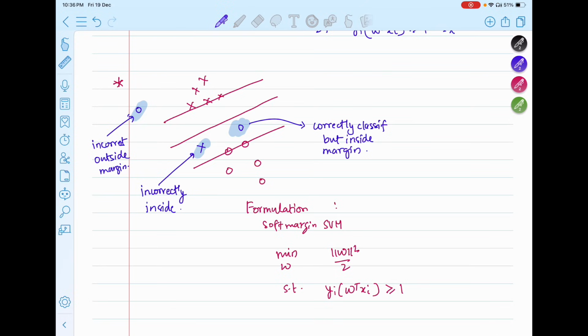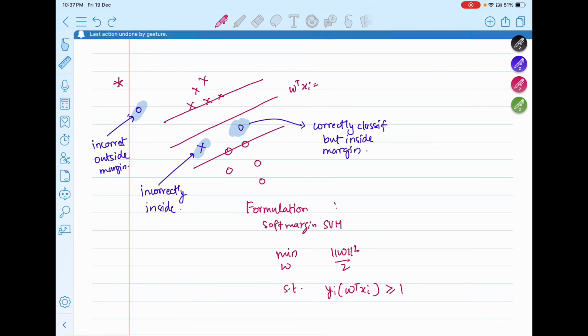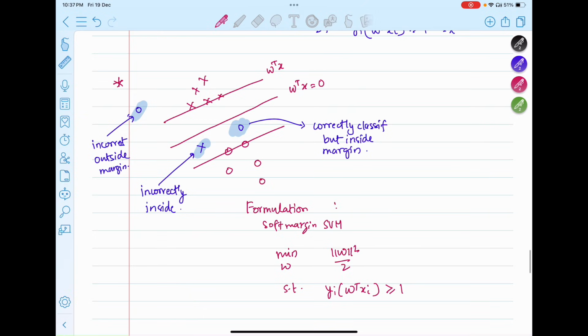What is yi times W transpose xi for all these points? Let me say this is W transpose x equal to 0. This is W transpose x equal to 1. And this is W transpose x equal to minus 1. For this point, let me name the data points.